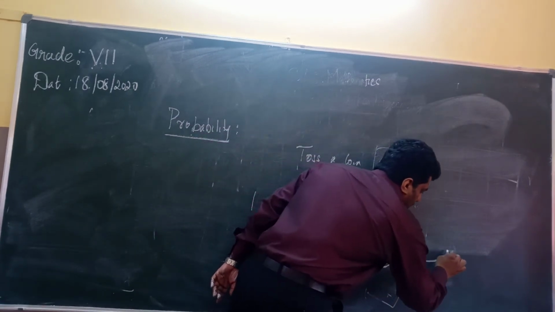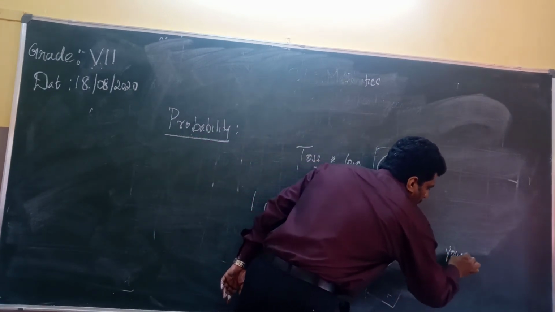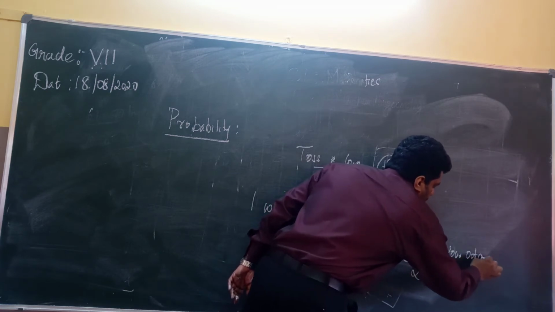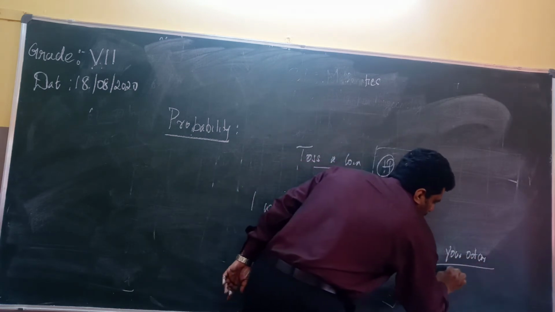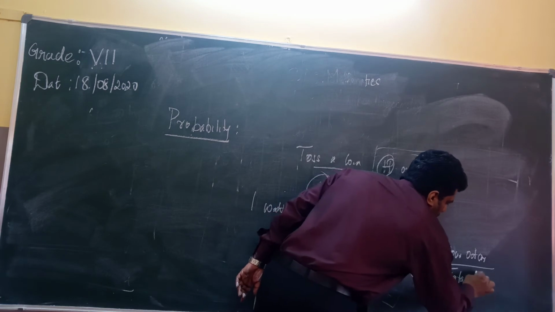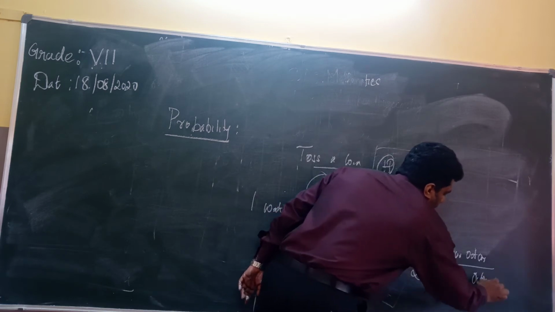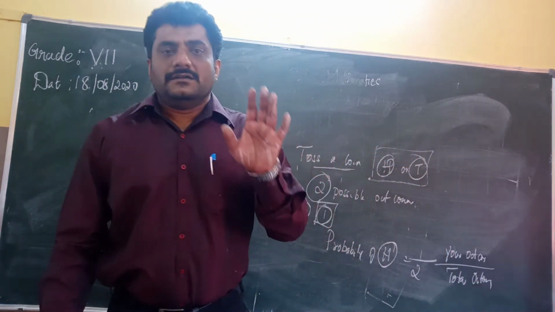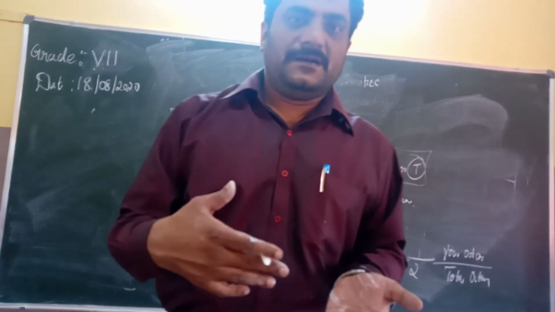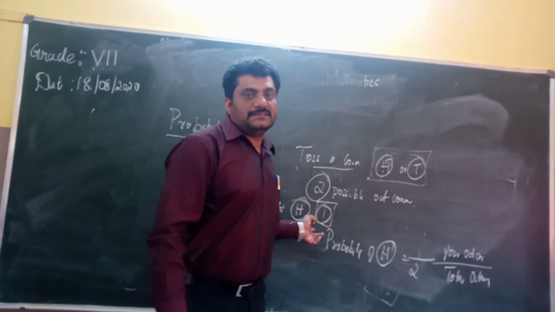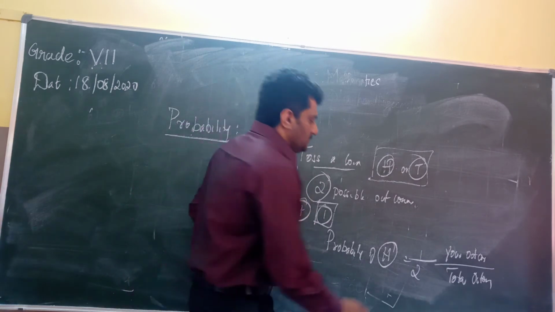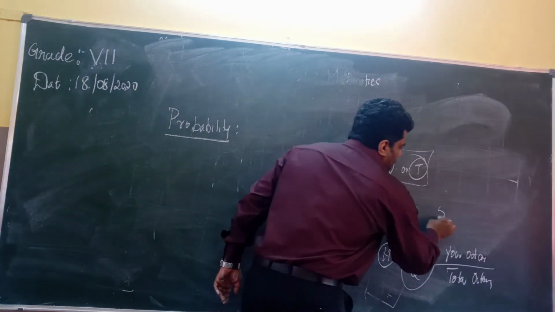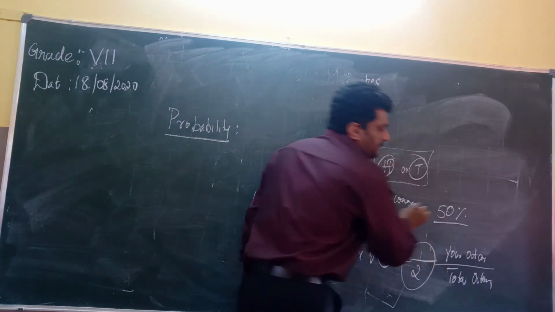That is your outcome divided by total outcomes. Whatever you wanted divided by total outcomes, which is 2 you have. So 1 by 2. 1 by 2 is nothing but 50% chance.